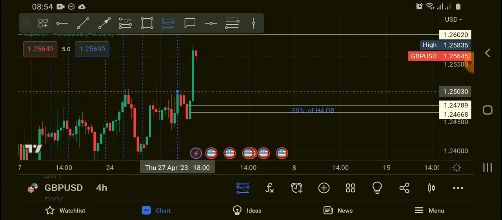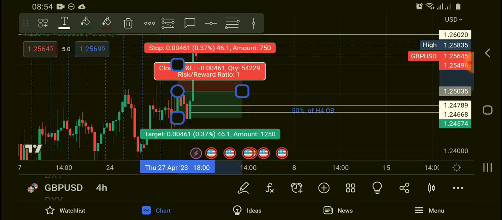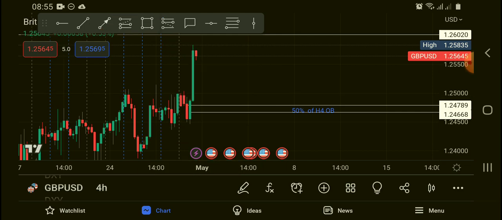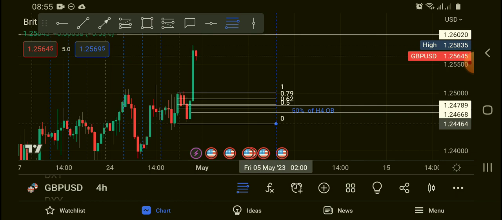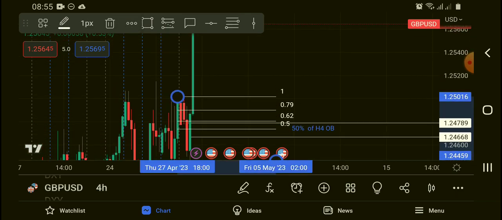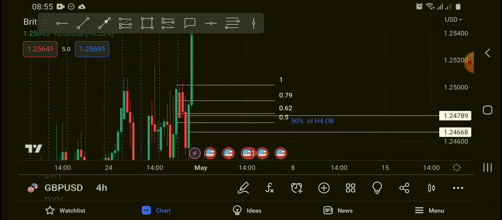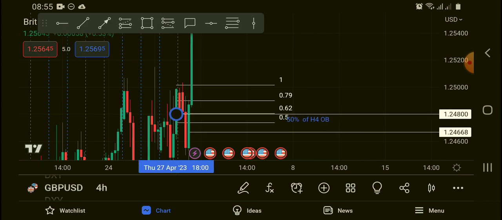So if we take the Fibonacci tool and try to get the 50% of the other block, let's see. So we find out that this is the 50% of the other block. This right here.